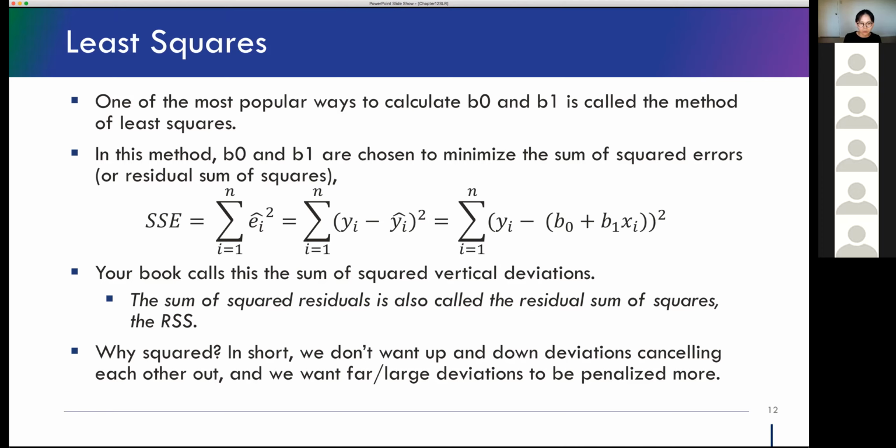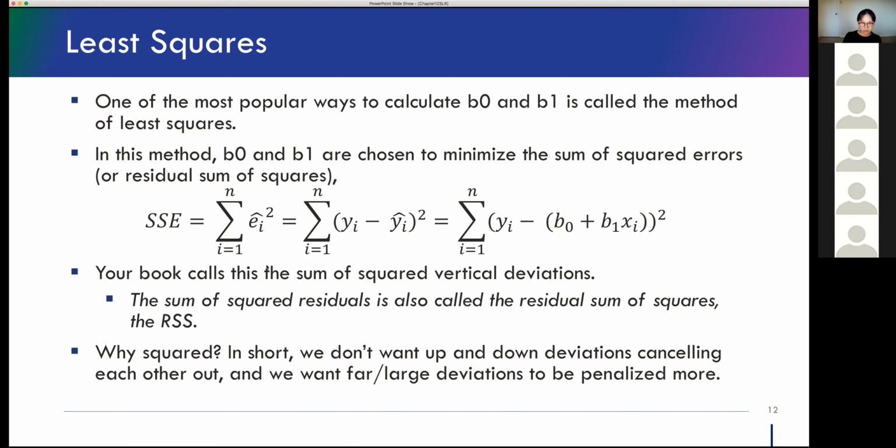But when we take the square of them, we're adding up all the squared distances, and they will never cancel each other out. We also want far or large deviations to be penalized. The larger the distance, the worse. So we try to find the B0 and B1 so that this sum of squares is as small as possible.